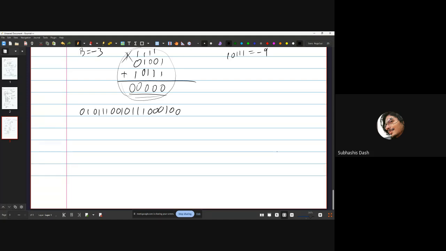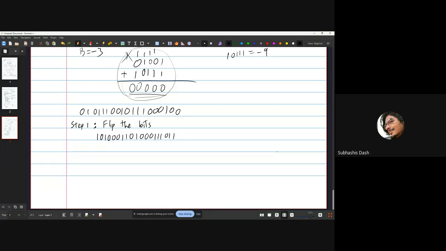Directly we can convert this into 2's complement by first flipping it. Step 1, flip the bits. So we get 10100110110001111. Okay, so this is everything flipped.